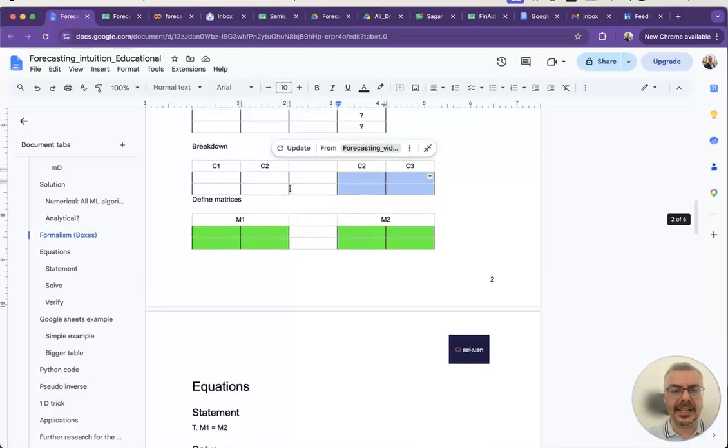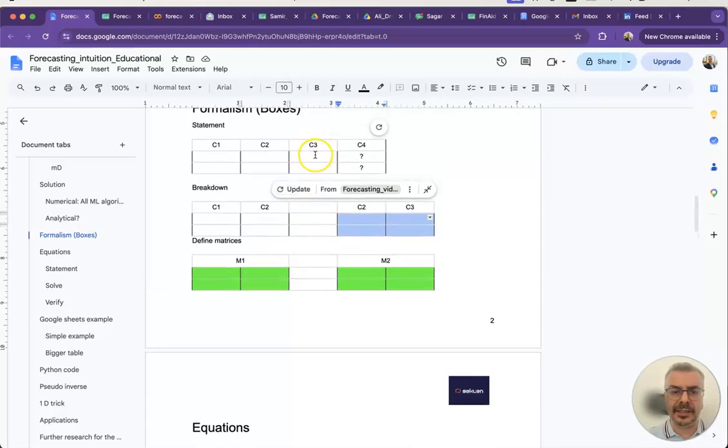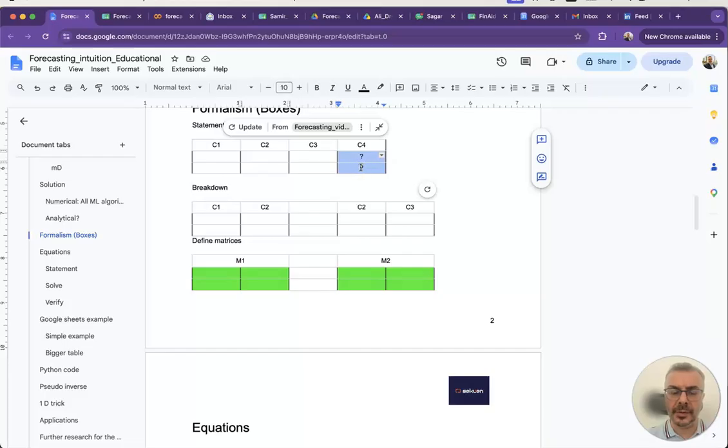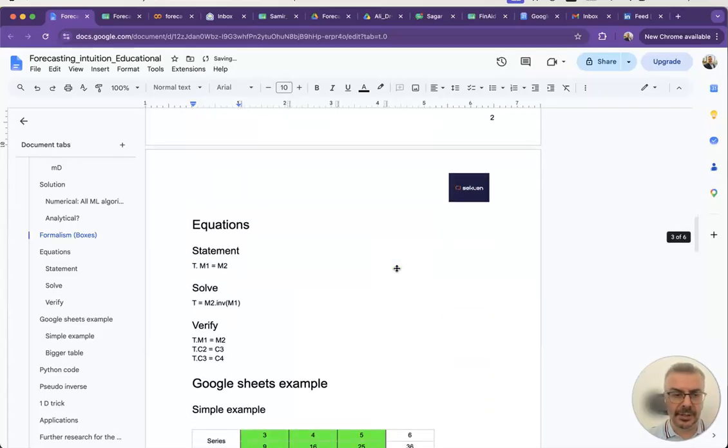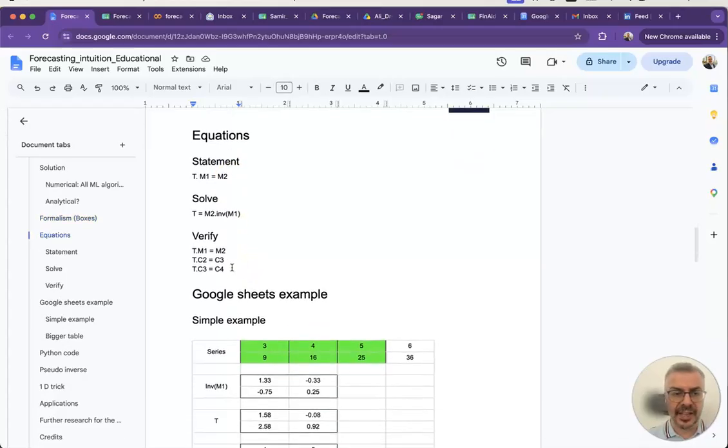I need a matrix such that if I multiply it by C3, I obtain C4. Before that, the matrix, let's call it transition matrix, T, if I multiply it by M1, I should obtain M2, and this is how I can measure. All right, so T times M1 should be equal to M2.